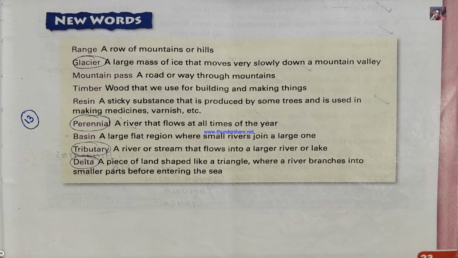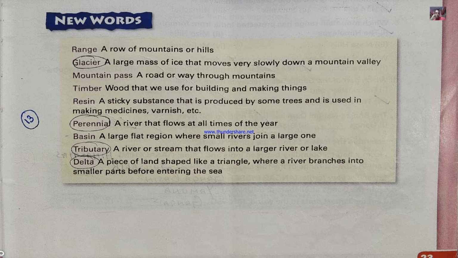As I told you earlier, there are glaciers there, and snowfall in these places keeps on forming glaciers, and glaciers keep on melting, and this melting of the glaciers gives rise to many rivers, and these rivers are flowing at all times of the year, throughout the year. This is known as perennial.